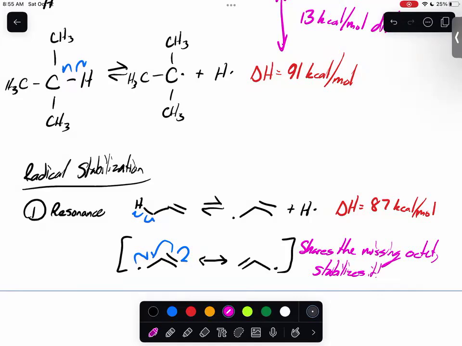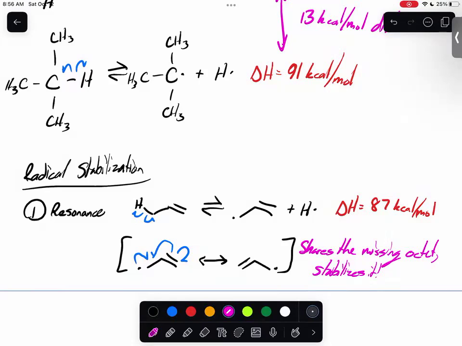Okay? And notice for this resonance, it's a little different from what we've drawn many times before. Because in this case, you have three different arrows shown. And essentially the first one is the radical donating one electron to form an alkene. And then the alkene is splitting apart to where it's using one electron to form the alkene, and the other one becomes the radical on the other side.